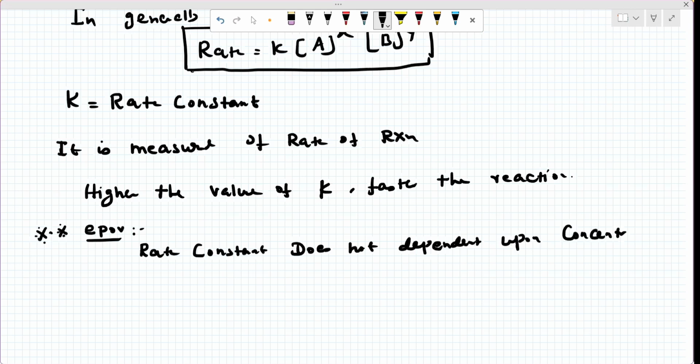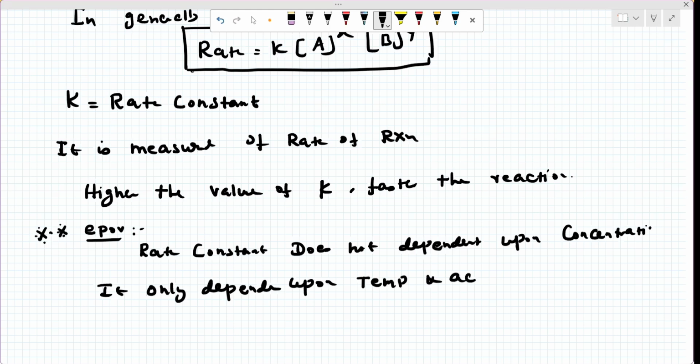It only depends upon temperature and activation energy. This is very important. So generally the rate constant does not depend upon the concentration. It always depends on temperature and activation energy.